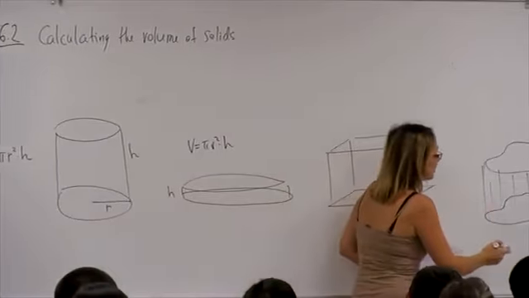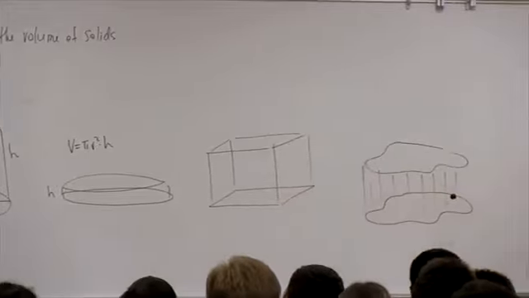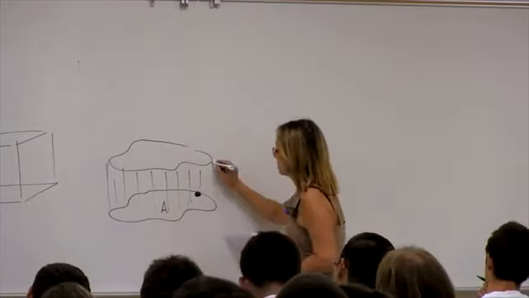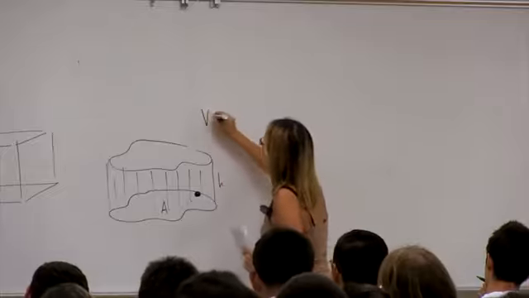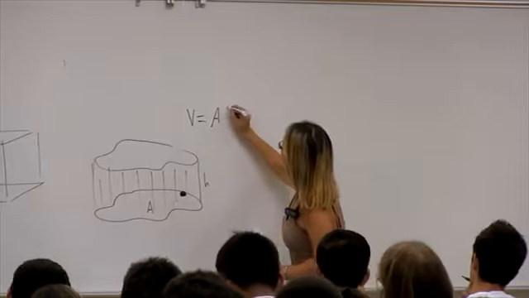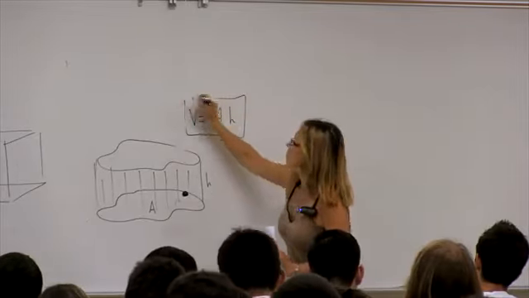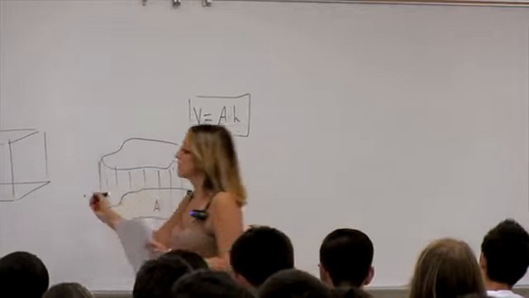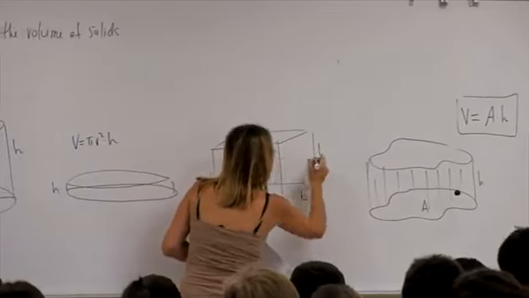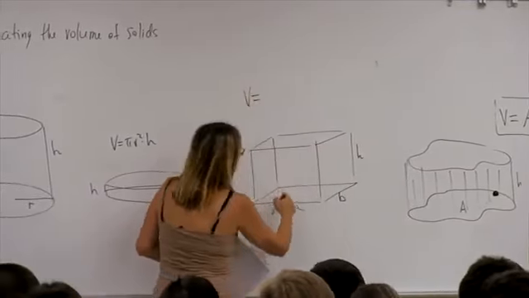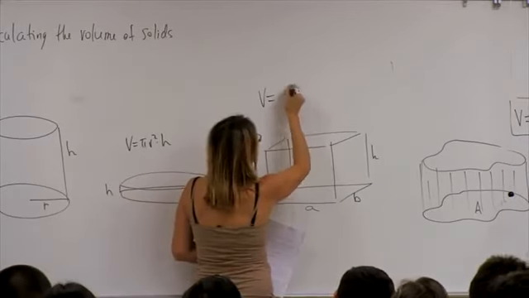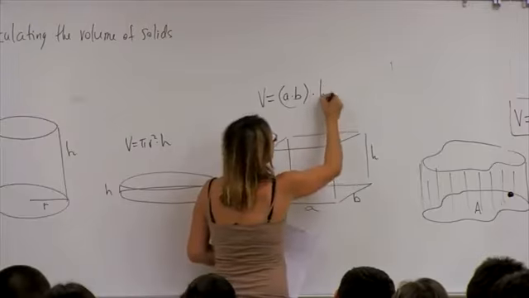Now for this one, I don't have a general formula like this, but if I know the area of the base, and if I know the height, then the volume of this cylinder is given by the area times height. So for example here, A, B, H. The volume is given by the area of the base, which is A times B, times the height.